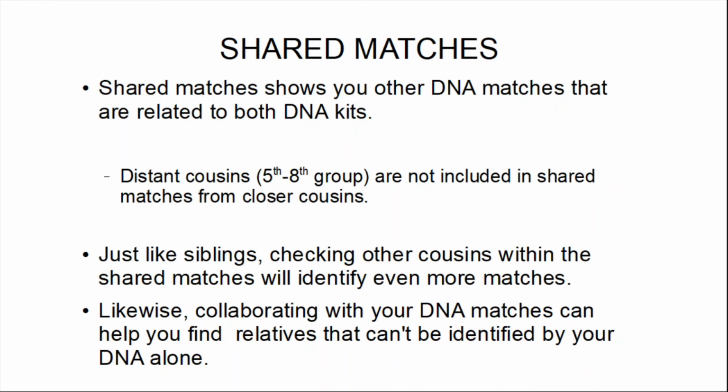Just like siblings, checking all other cousins within the shared matches will identify even more. And likewise, collaborating with your DNA matches can help you find relatives that can't be identified by your DNA alone. Remember that by fourth cousins, 50% dropout is common.